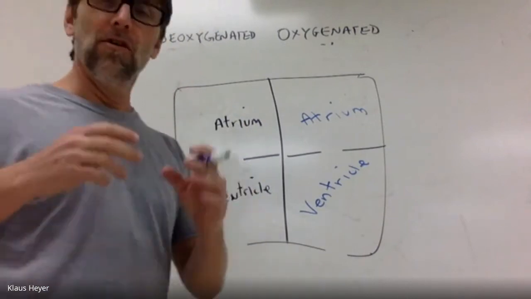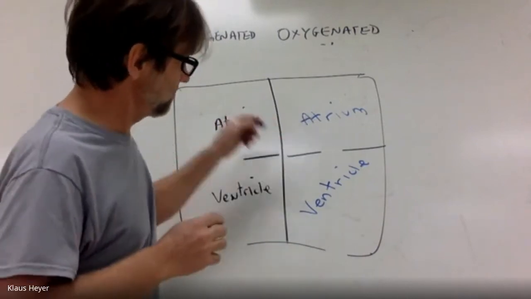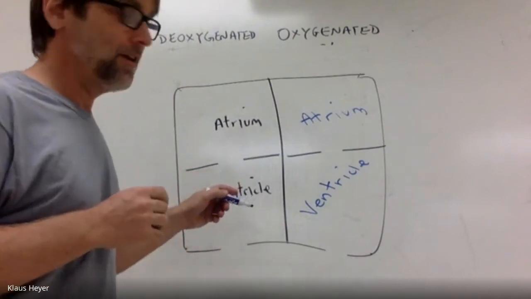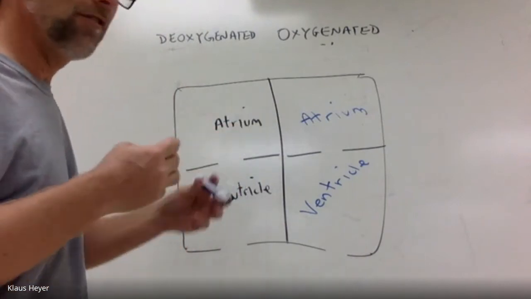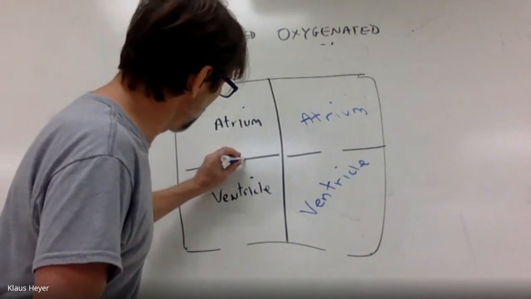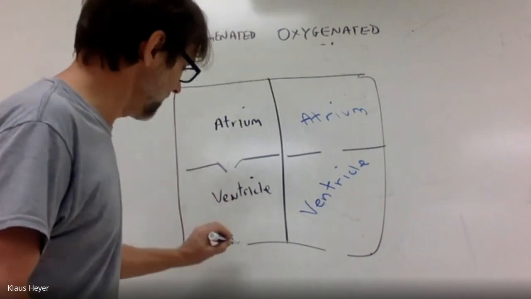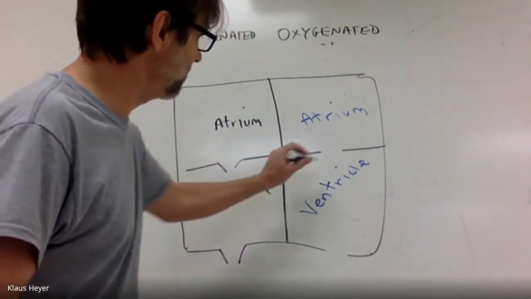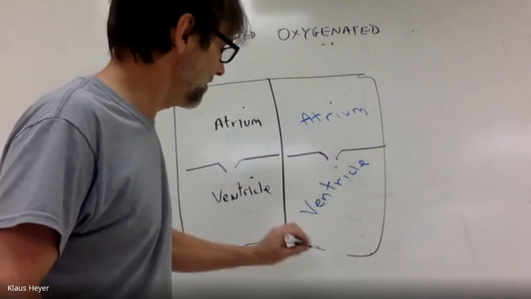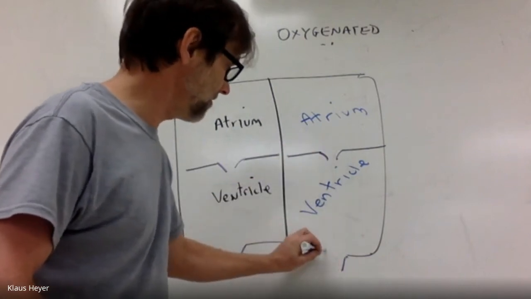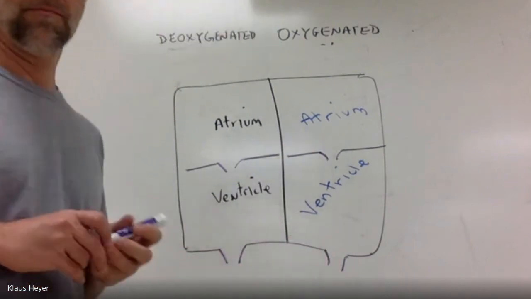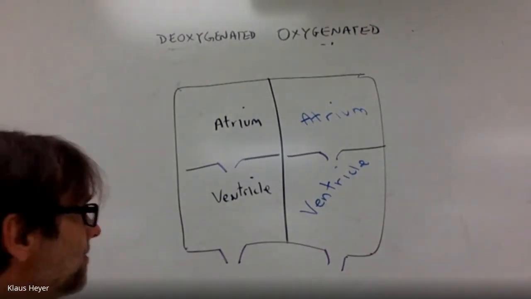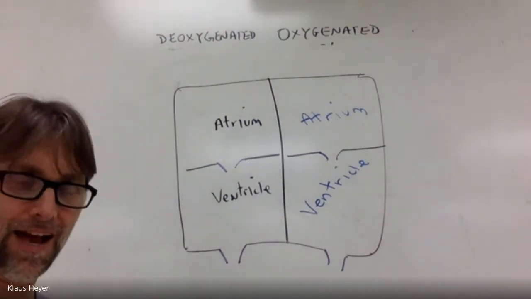All right, so 4 chambers, 4 rooms, 4 doors. You got to go through a door, which I'm writing in purple, before you can exit a room. By the way, it doesn't look like an actual version of the heart.